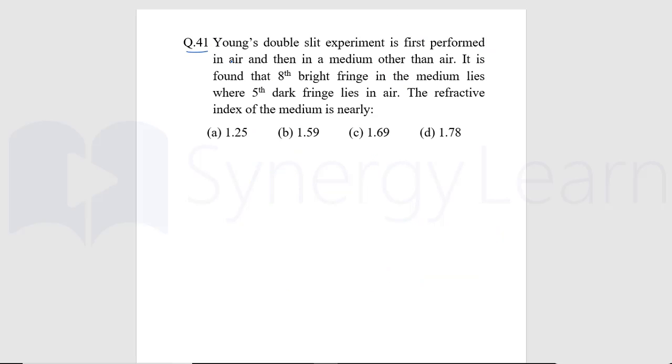In question number 41, it says Young's double slit experiment is first performed in air and then in a medium. So in air, the fringe width beta is given by D lambda naught by d. In medium, the fringe width will be D, the wavelength in the medium, which will be lambda naught by mu, by d.